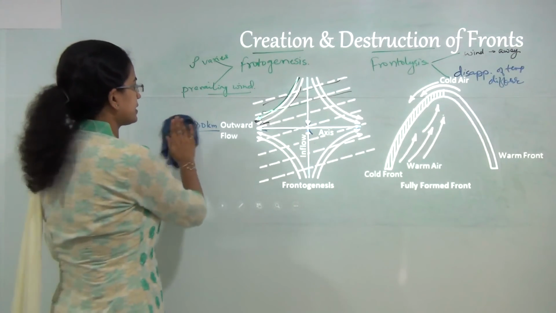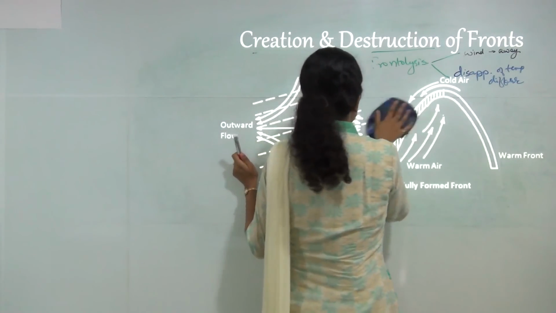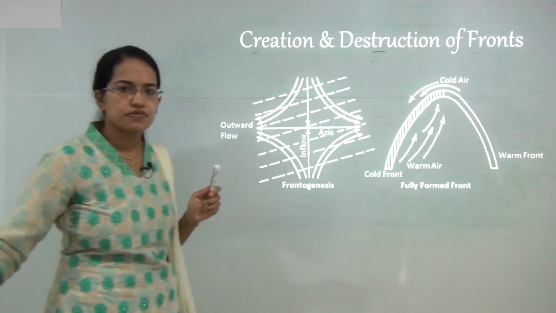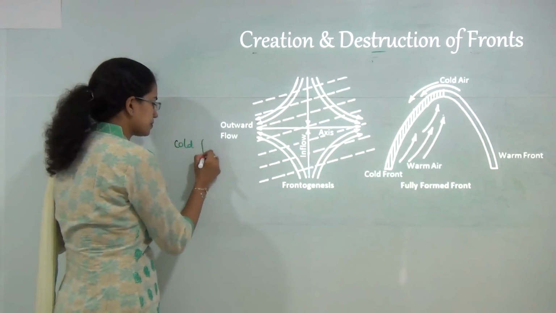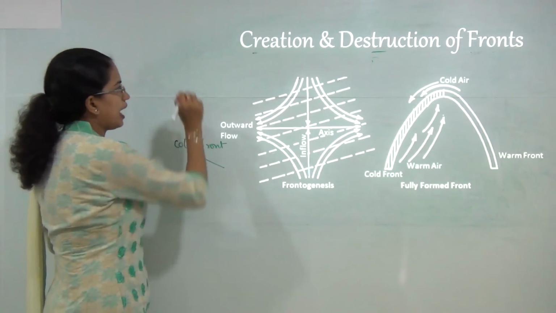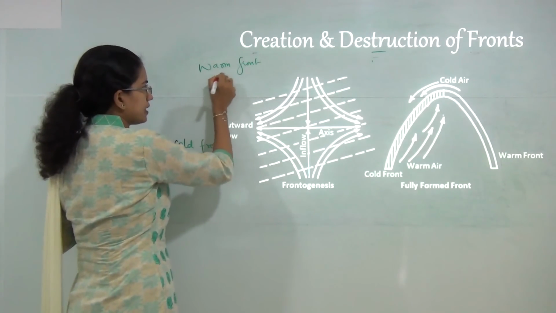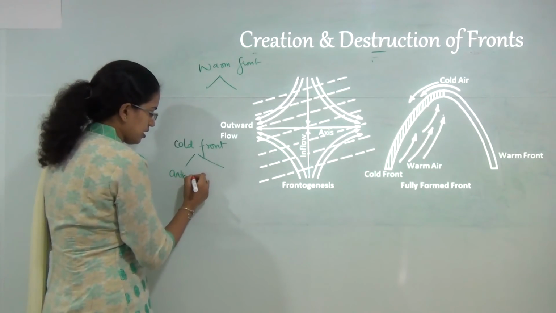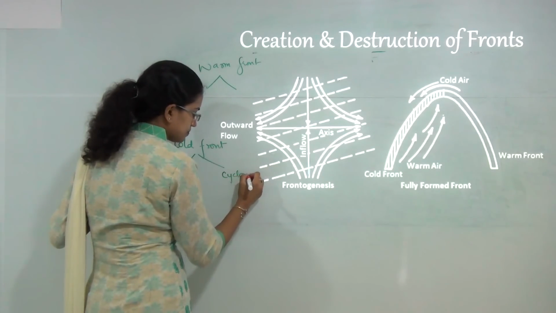Now how can we detect fronts? We can detect fronts in two ways. Now to make this easy, we can divide it into cold front and warm front. So if I say cold front, what would I do? I would again divide it into two, and then I have the warm front and I would again divide it into two. So I have the anticyclonic isobars here, and you have the cyclonic isobars.